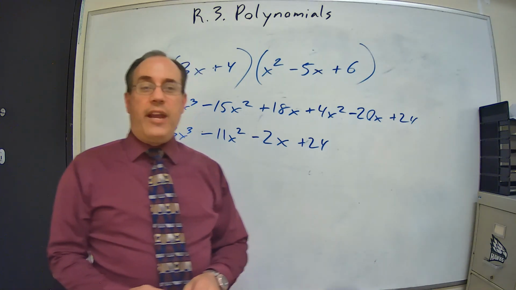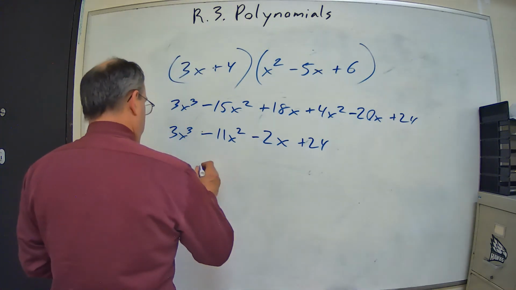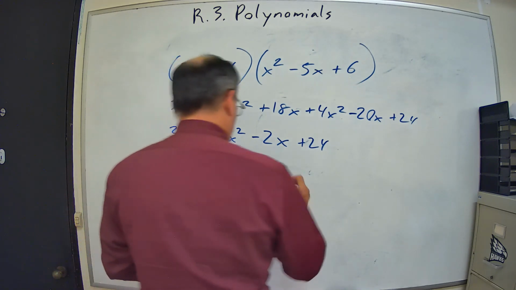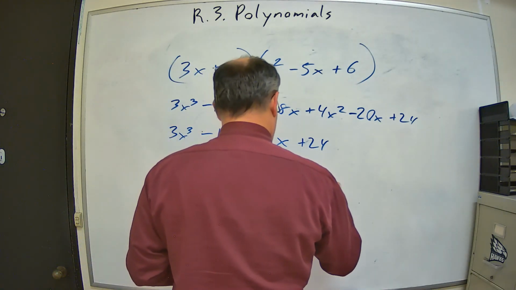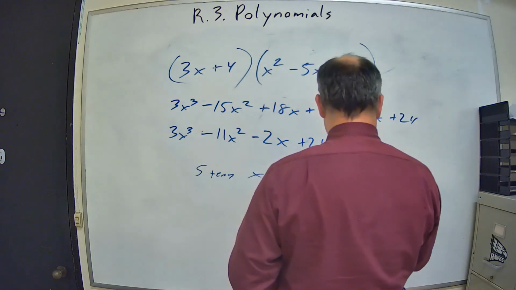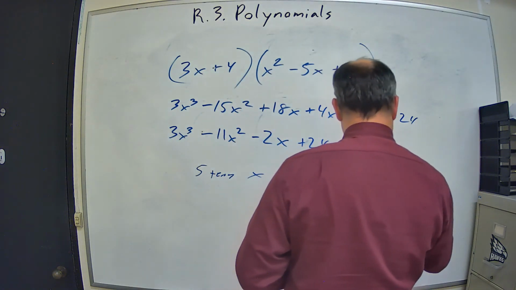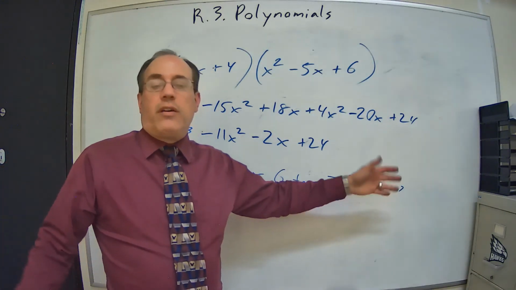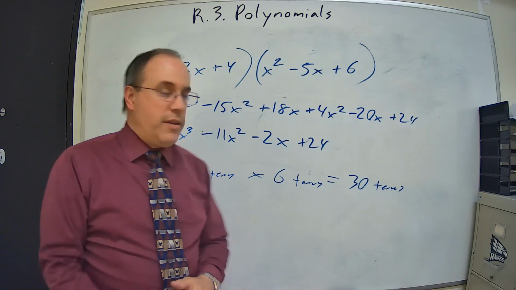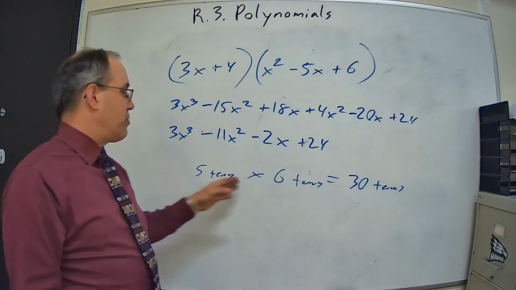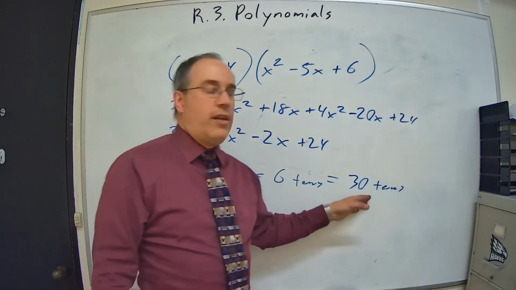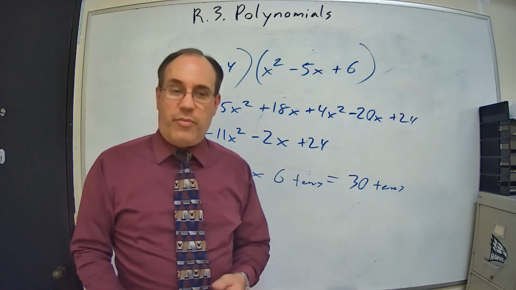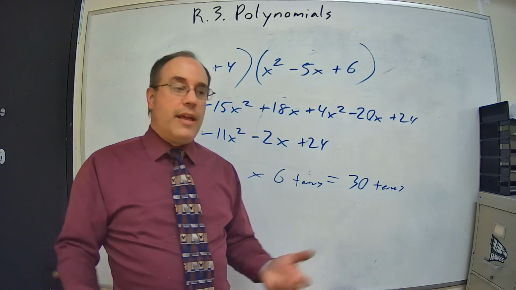So if I had a polynomial with 5 terms multiplied by a polynomial with 6 terms, then I should have a resulting polynomial with 30 terms, 5 times 6, before combining like terms. Then you'll combine the terms. And that's multiplication.